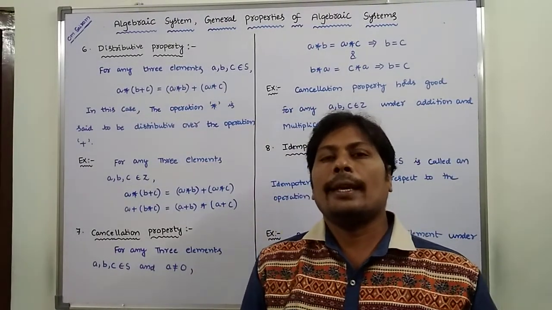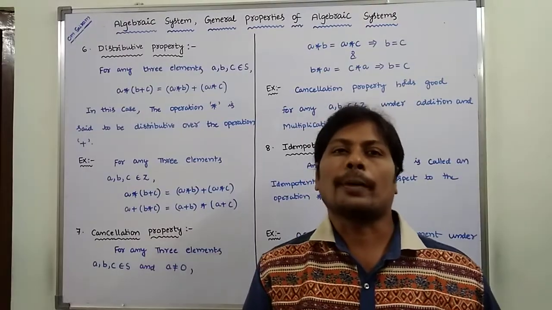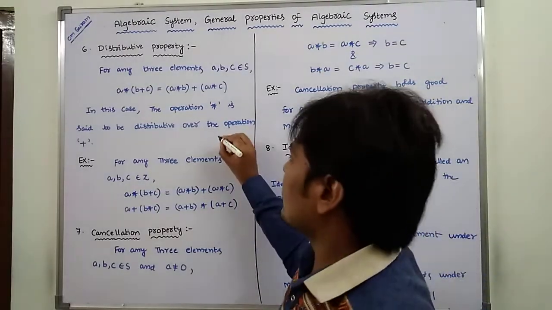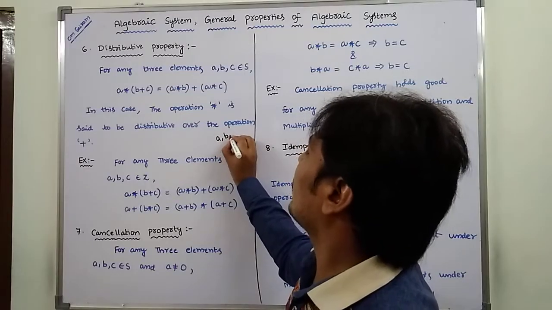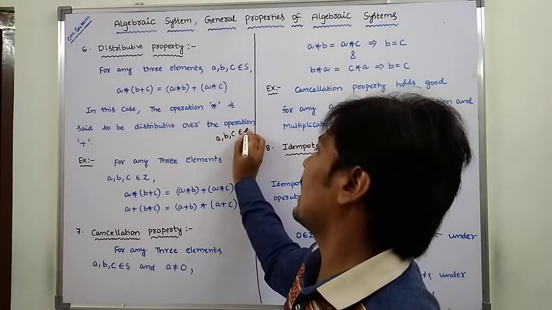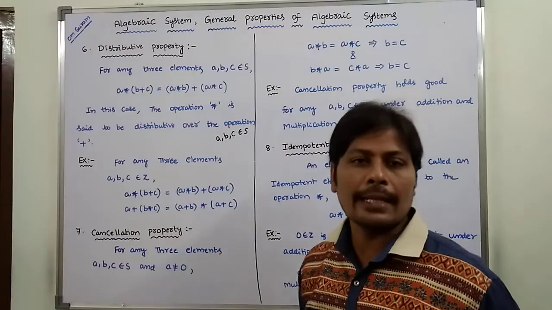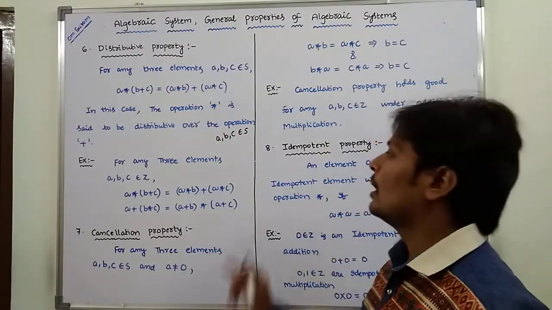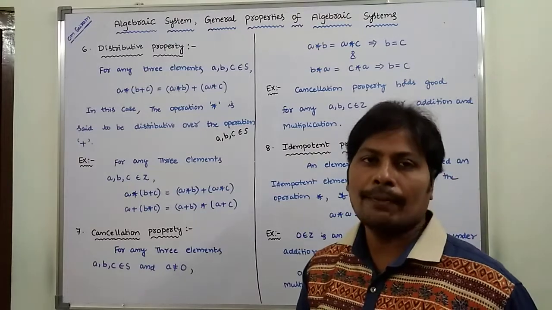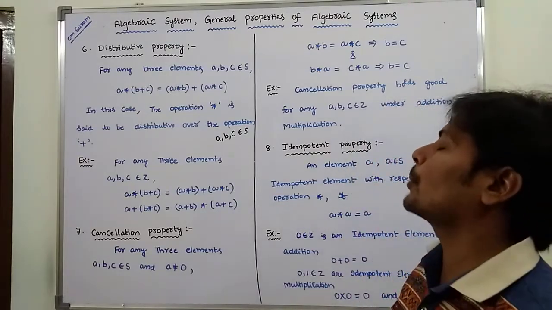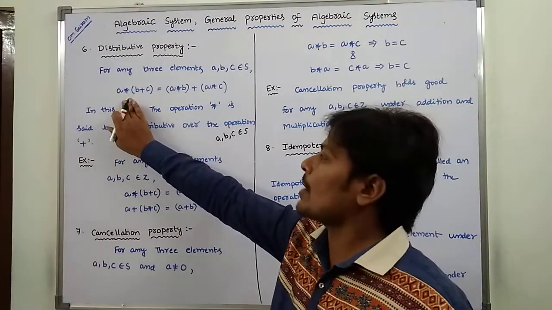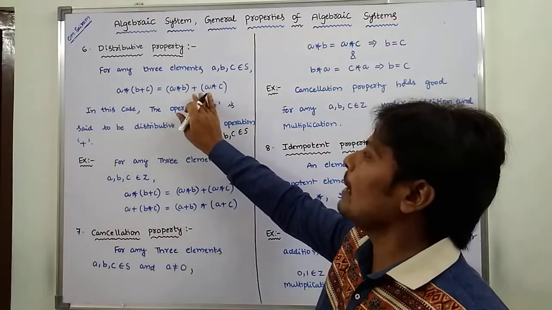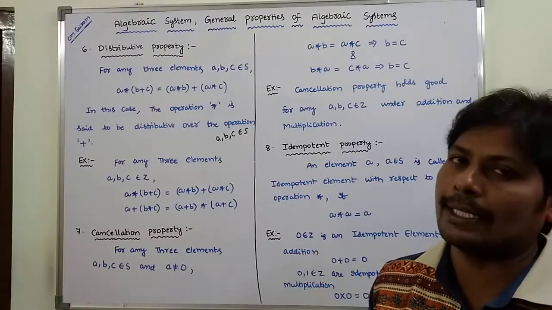Next property is distributive property. We can take any three elements, A, B, C, from the non-empty set S, that is represented as A, B, C belongs to S. Then the distributive property is A star (B plus C) is equal to (A star B) plus (A star C).